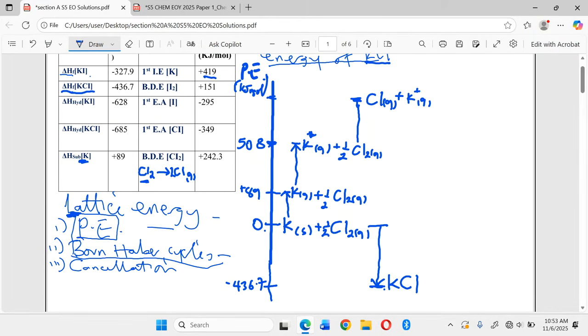Now you look at the original one, we are forming two chloride atoms, or we are breaking one more, but here you see we are breaking a half. So the value here, 242.3, instead of using this, we are going to use half, because it is half of this that has been broken down in this case.